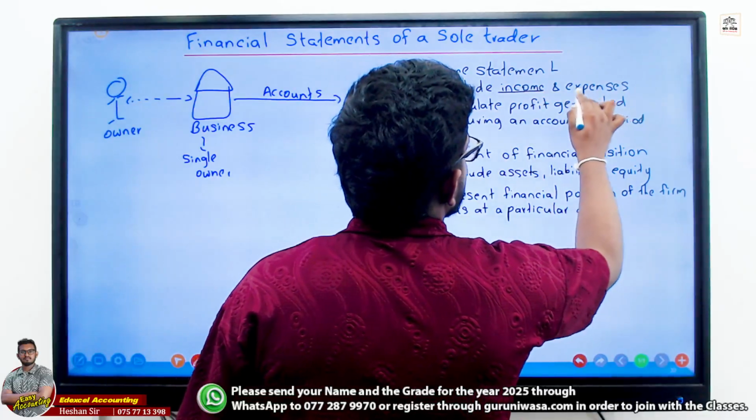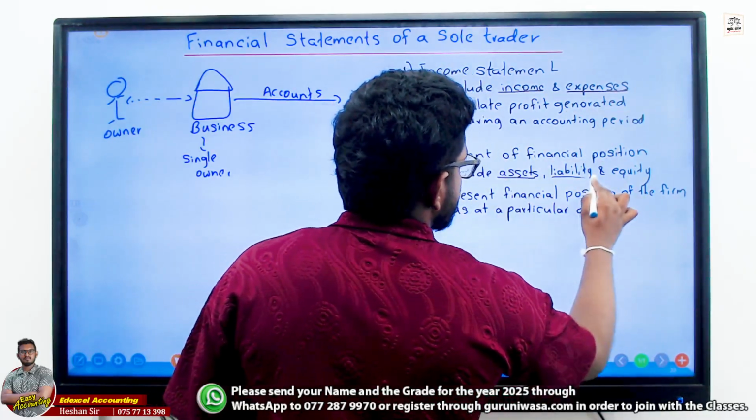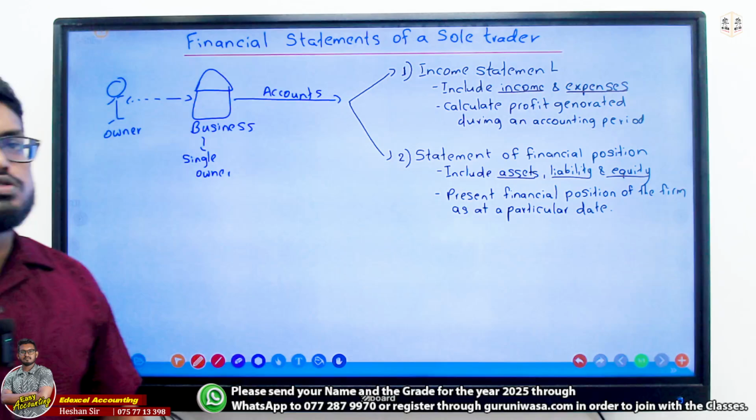Out of that, income and expenses go to the income statement, and assets, liabilities, and equity go to the statement of financial position.